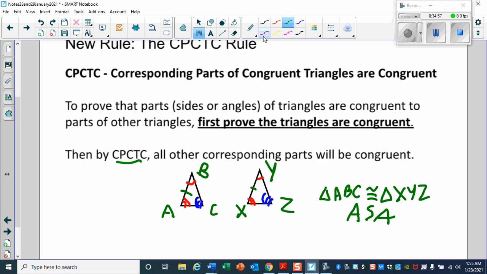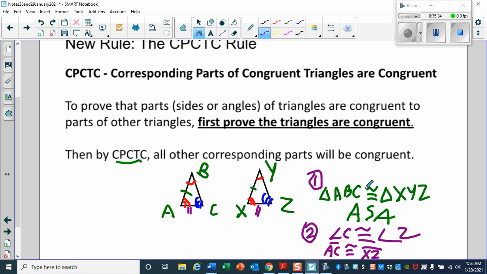Or you could say AC, XZ. So this has to be first. Then you can do your angle C, it's congruent to angle Z. Or AC is congruent to XZ.